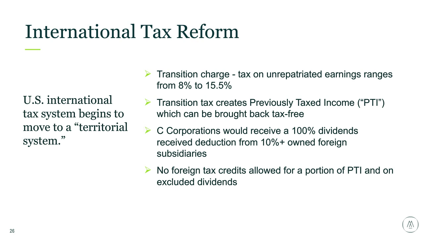An individual, though, as long as they own 10% or more of a foreign corporation, either directly or indirectly, can make an election to be taxed like a corporation to take advantage of those foreign tax credits. Whether that is advantageous for an individual to make that election is dependent upon a number of factors, which may include whether there's a plan to dispose of the entities in the future or take back distributions.